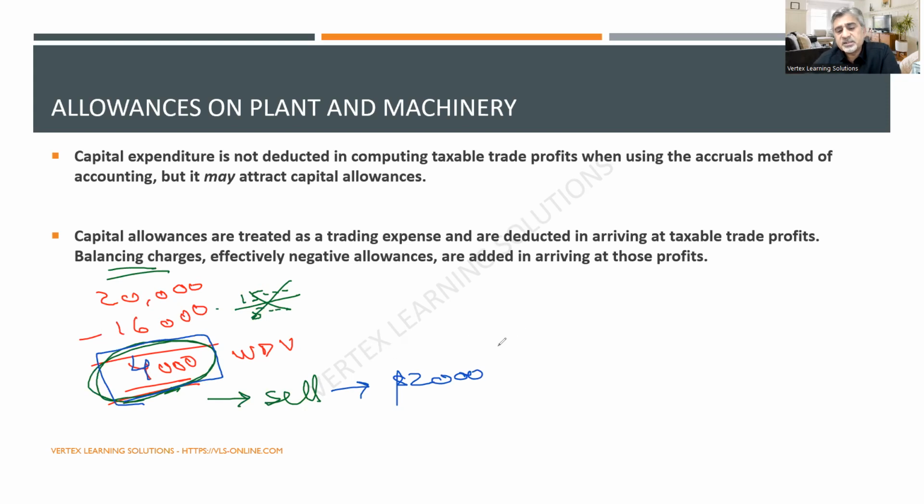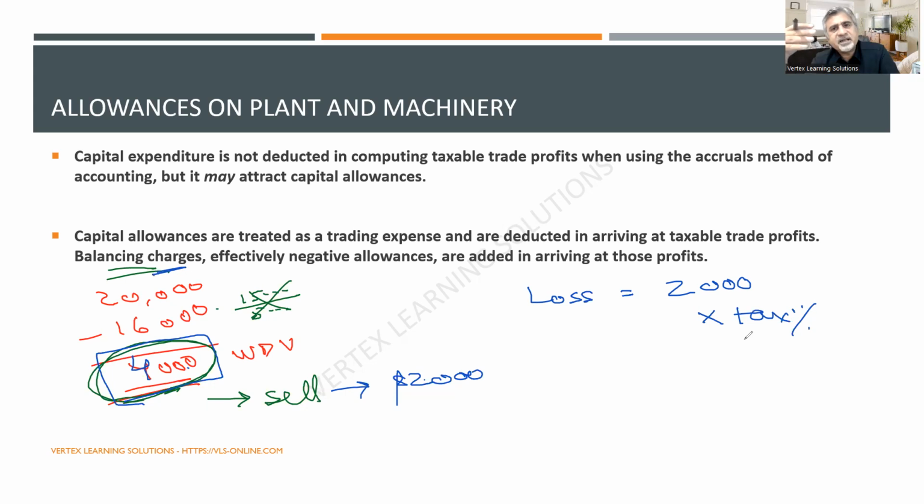The loss on disposal is 4,000 minus 2,000, 2,000. So the tax department should give you a benefit, and that is called balancing allowance. Balancing charge and balancing allowance. Here you will get a balancing allowance. So 2,000 multiplied by the tax rate, this much tax benefit you will receive. And this happens in the end when the asset is settled.